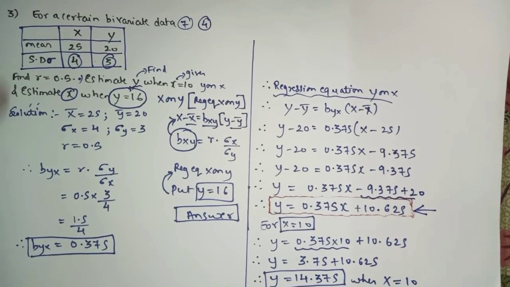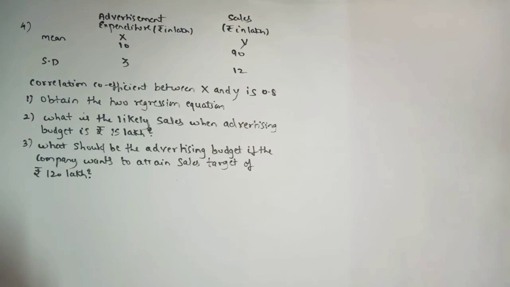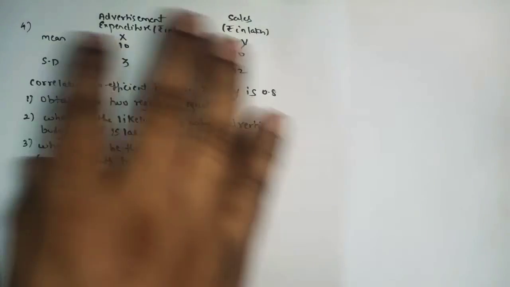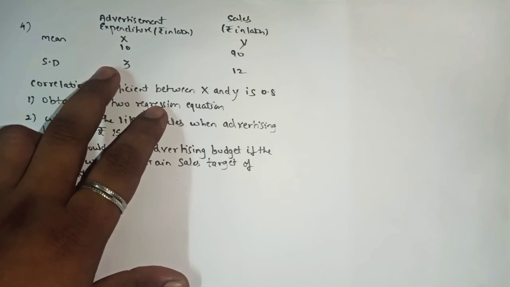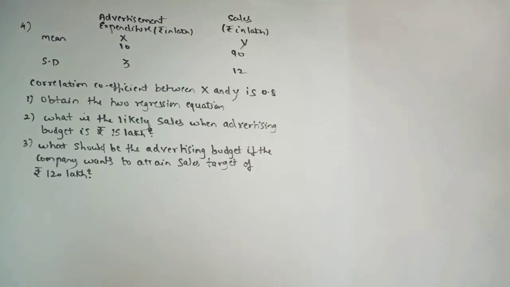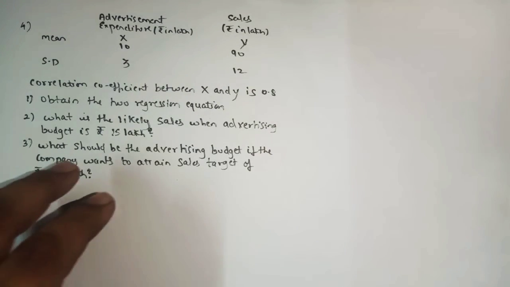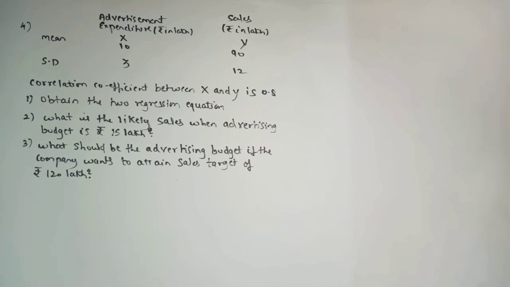So let's move on to the next one, that is question number 4. We'll try one more sum. Now, for this fourth sum, I will simply explain the question, exactly what you have to find and what is given, and this sum you have to try by yourself.